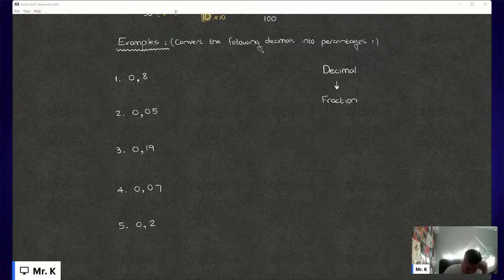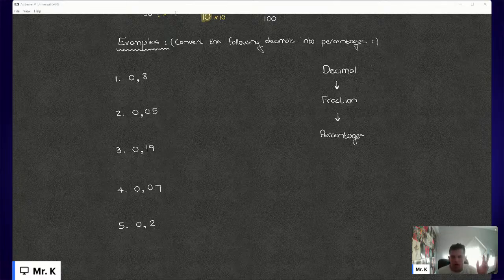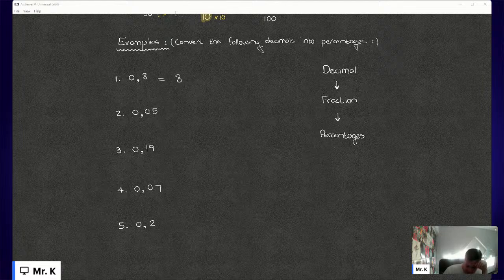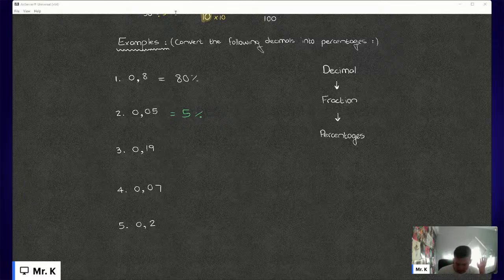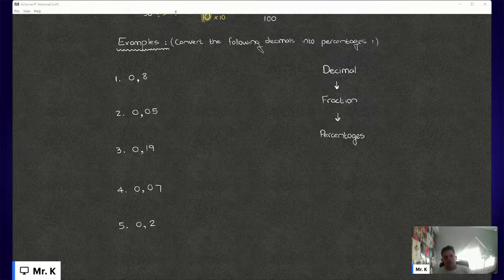And this is the rule that I'm going to follow for the next 5 examples. Okay, if you guys are confident to say that 0.8 is 80%, this is 5%, and so on and so forth, that's fine. But there's no harm in learning how to also convert it into a fraction, right? It's good practice.